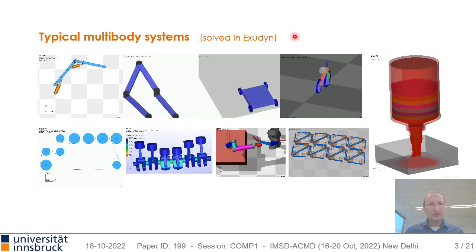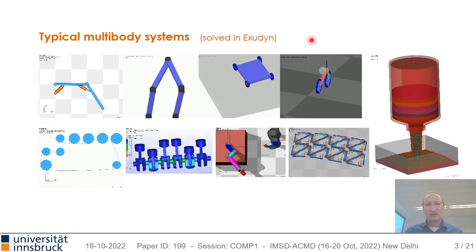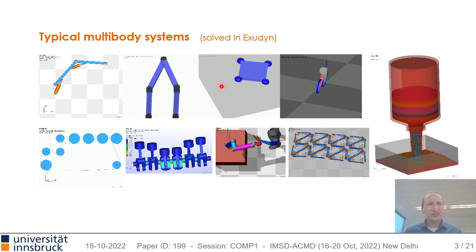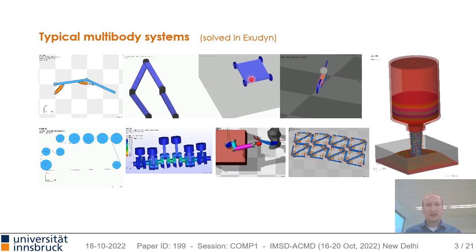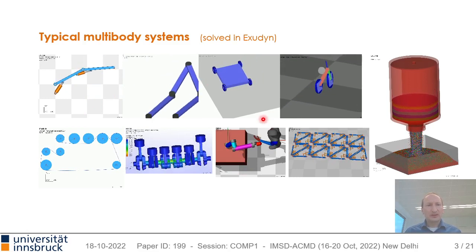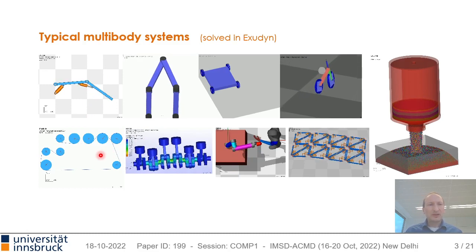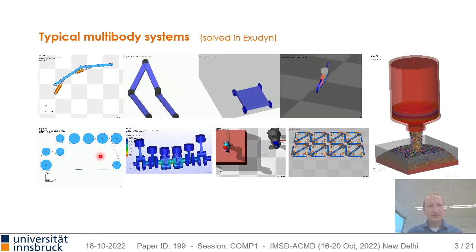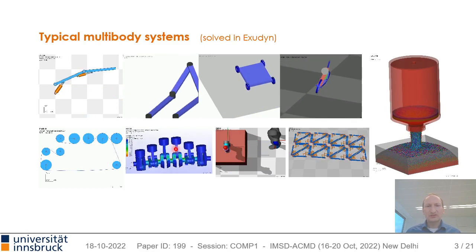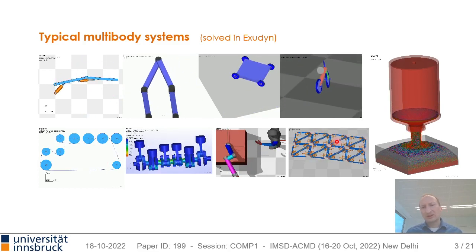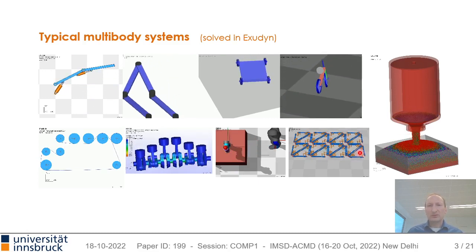Starting with the motivation, our typical multibody systems are all solved in our new simulation environment. They often have just a few bodies, like 2 bodies, 4 bodies, 5 bodies, 4 bodies in the first row. Some of them have a little bit more bodies, but might contain very different flexible components like many beam elements, a floating frame of reference formulation, or in the end really densely coupled kinematic structures or particles.